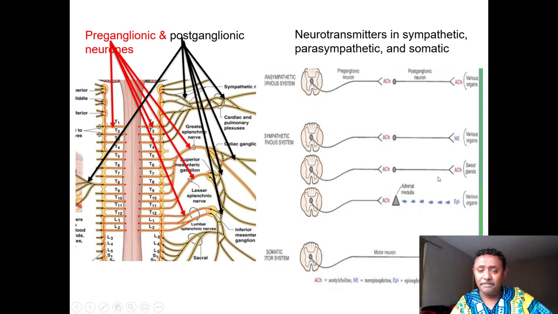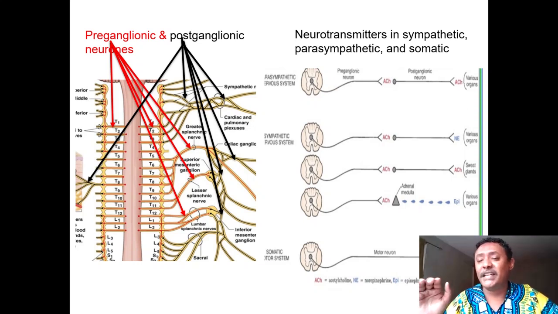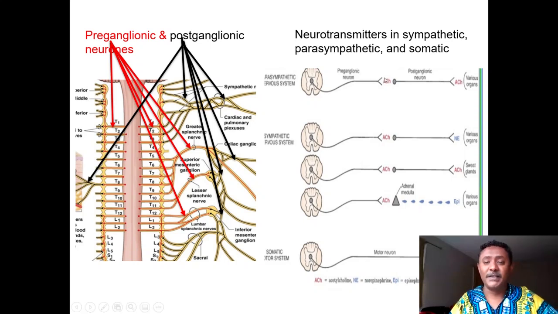Now we're done with the sympathetic, but since we're here, let's talk about the parasympathetic and the somatic. The parasympathetic is consistent in using the neurotransmitters. It's going to use acetylcholine in the preganglionic and acetylcholine in the postganglionic all through. It doesn't have any exceptions. That's good, cool for the parasympathetic.